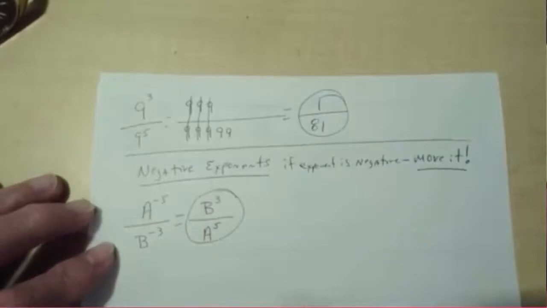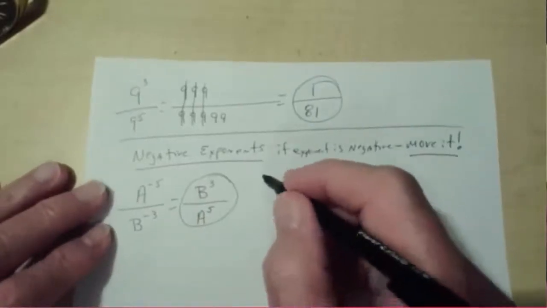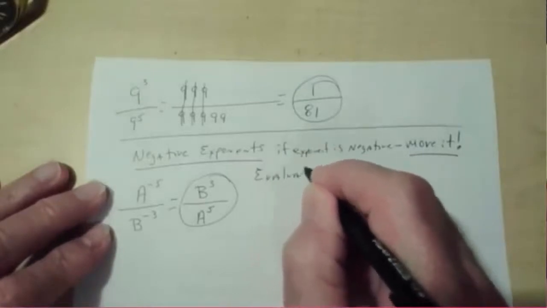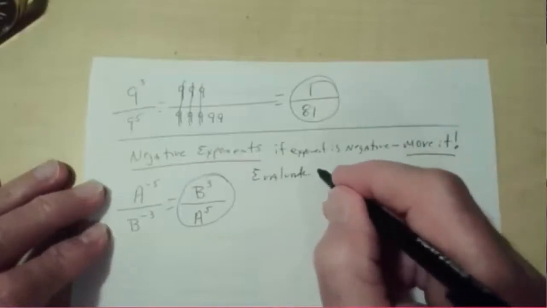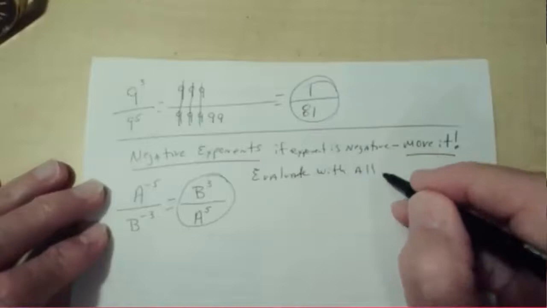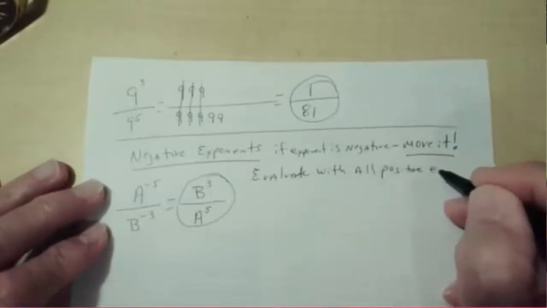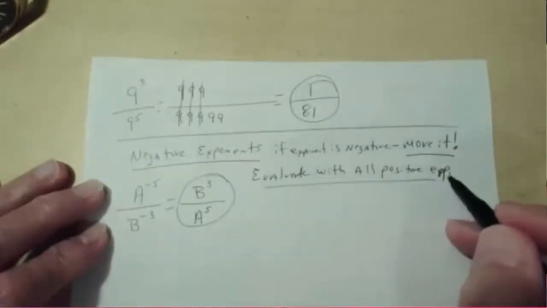Now, the instructions you're going to get on tests and on the final are: evaluate, which just means find the value. Evaluate with all positive exponents.